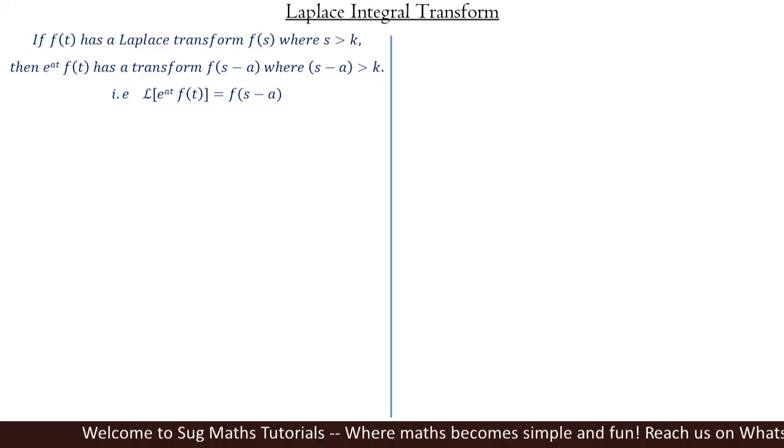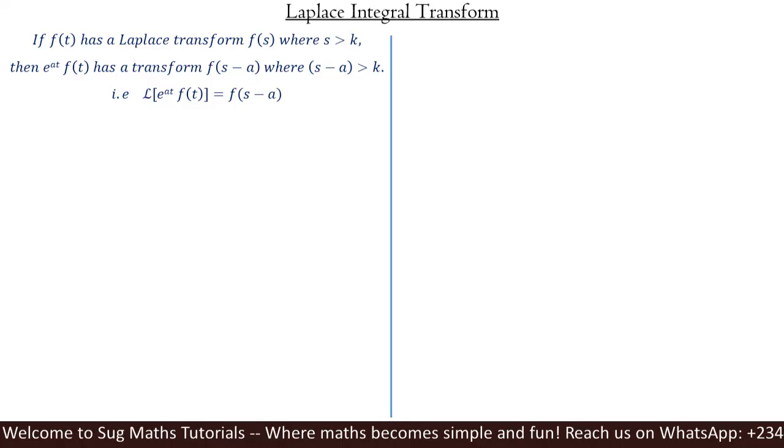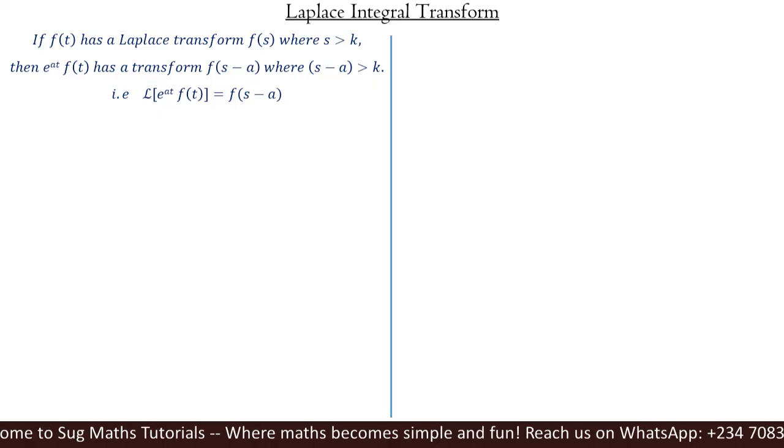Now, I want to explain this and then at the same time prove this, okay? I'm going to explain this, prove it, and give some examples. Please, let's follow gradually, okay?